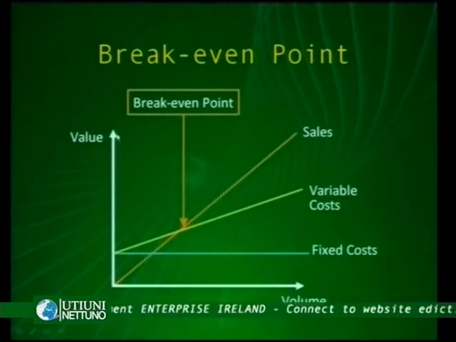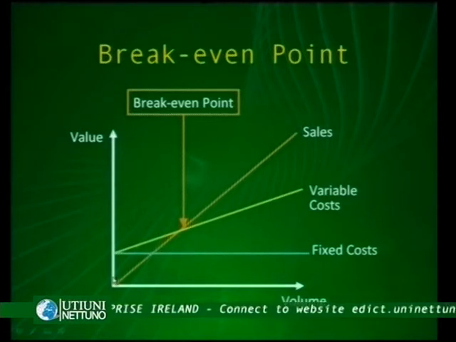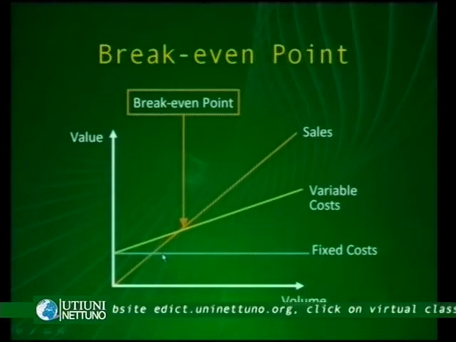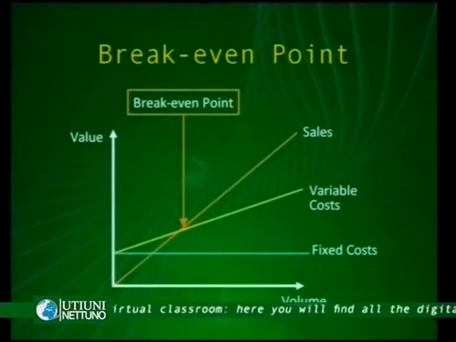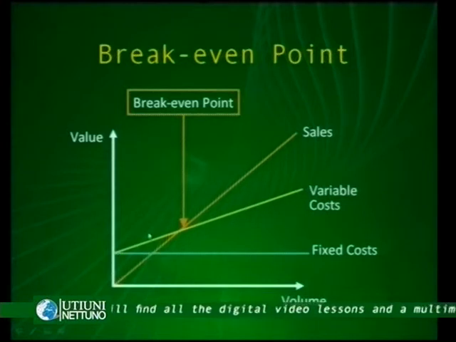You have value here going up, and you have volume here. Your fixed costs are the amount of overheads you have in place, and whether they are high or low will depend on how far up this graph it goes. Then you have the variable costs, the yellow line, and you can see they're going up in a straight line, so much per volume.